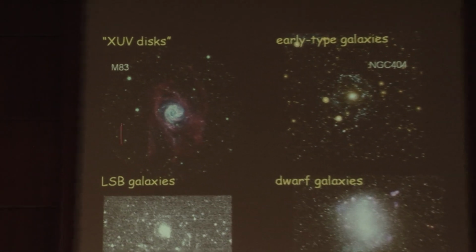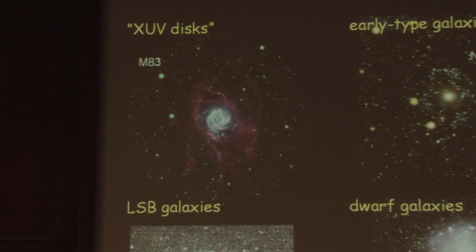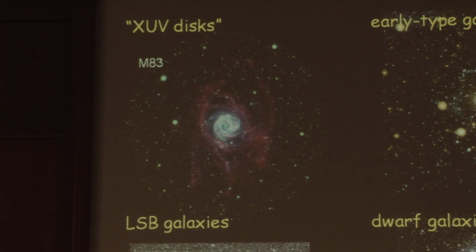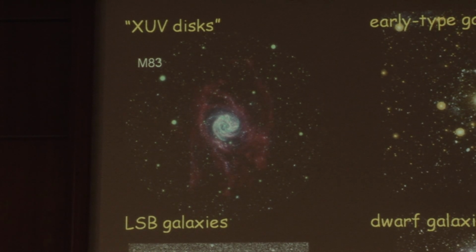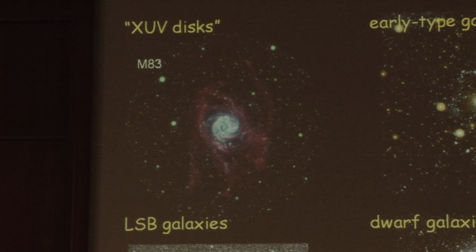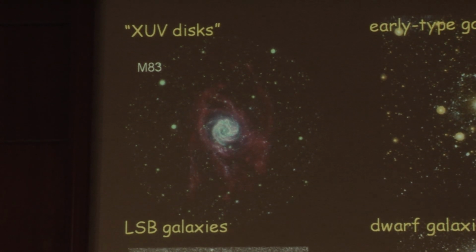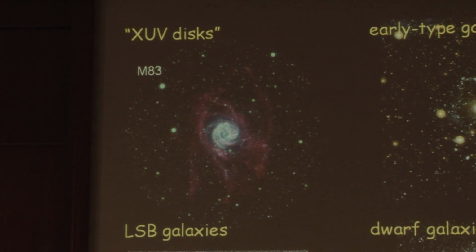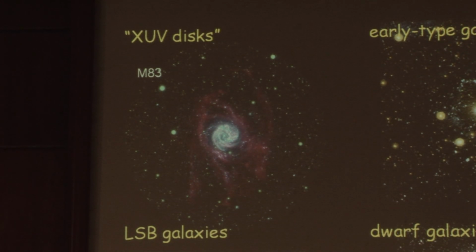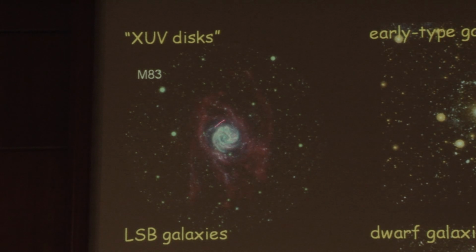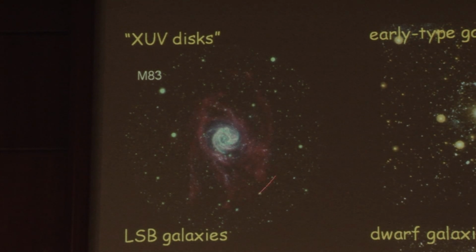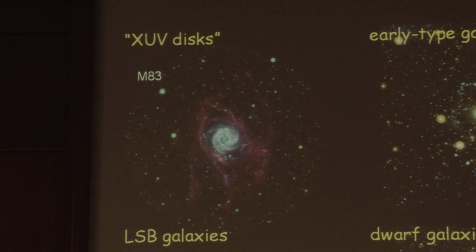About 20 to 30% of spirals like the Milky Way actually have star formation extending 2 or 3 or 4 times further away than, say, the traditional optical radius. And this is now often referred to as XUV disks, as in extreme ultraviolet, because the GALEX satellite has been a very powerful tool for revealing these regions.